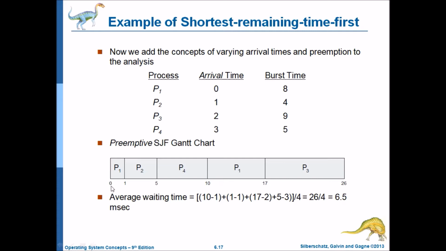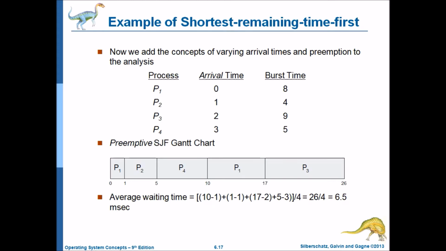P1 starts at 0 since it is the only process in the queue, and then after time 1, P2 arrives. When we evaluate the remaining time for process P1, we get 7 milliseconds, and then P2 with 4. So therefore P1 is preempted and process P2 is scheduled.